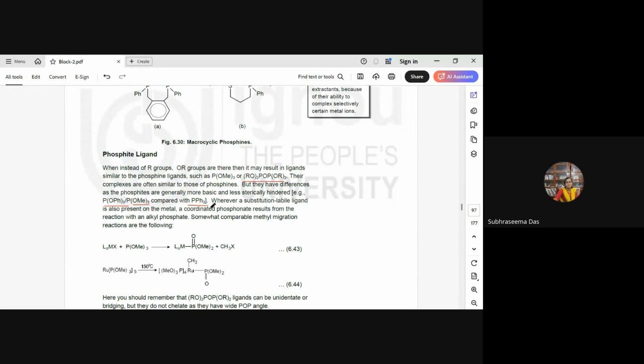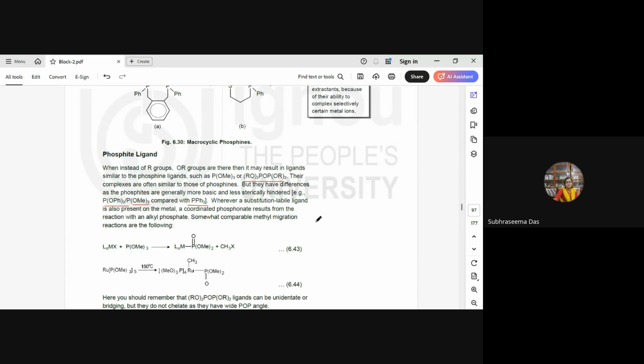In such cases there is one atom less between the phosphorus and the phenyl or methyl group. Methyl is okay, but since phenyl is a bulky group, in comparison to PPh3, the phosphite ligand P(OPh)3 has less steric hindrance, and that is why they are sometimes more basic than the phosphines.